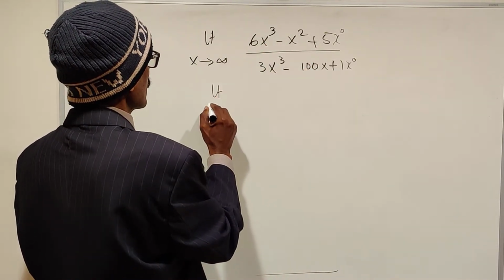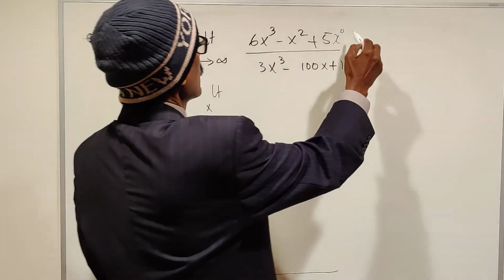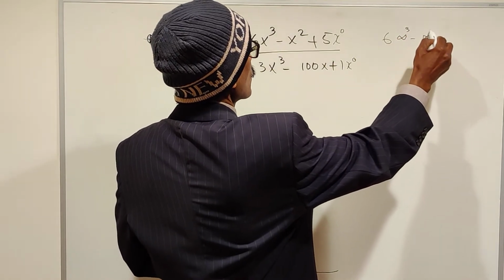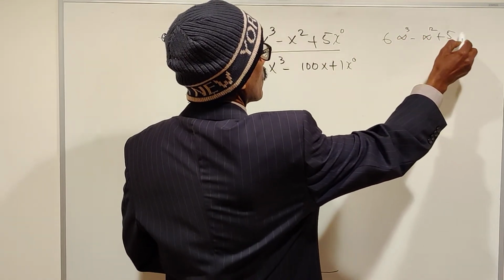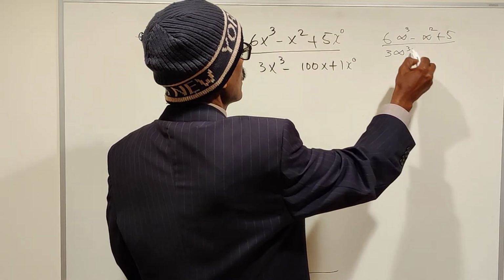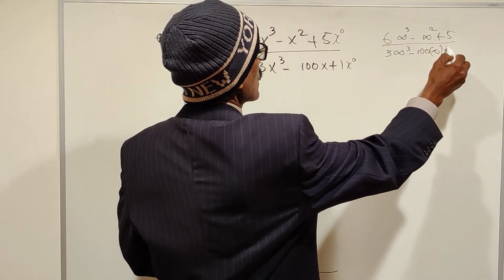Before that, we need to substitute infinity for x. Infinite cube: 6 times infinite cube minus infinite square plus 5, divided by 3 times infinite cube minus 100 times infinity plus 1.